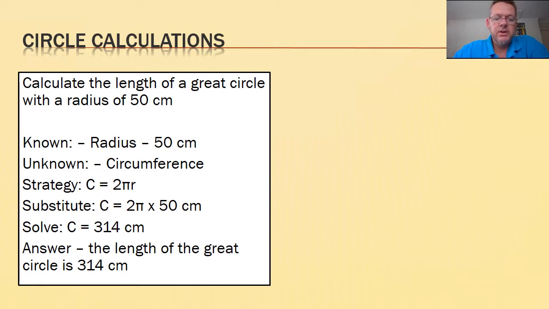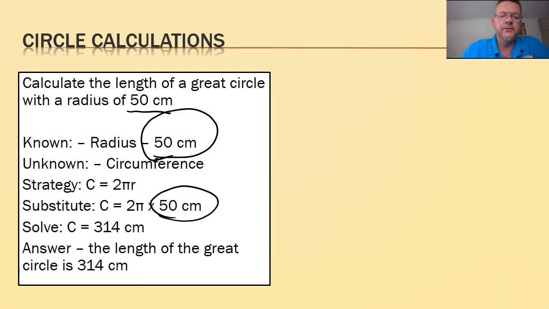Okay, so we just substitute in circumference equals 2 times pi, and the radius is 50 centimeters. So our answer will then be 314 centimeters. So the circumference of the great circle is going to be 314 centimeters of a sphere with a radius of 50 centimeters.